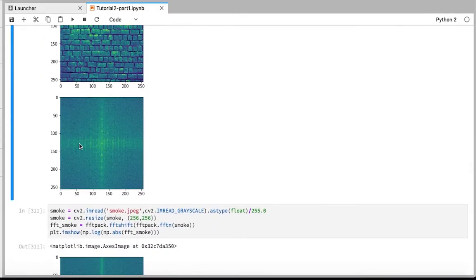It's repeating itself. Since this image has a lot of repeating patterns, what the Fourier transform thinks is that you have many repeating patterns within this image. That's why these Fourier elements get excited at several frequencies, and that's why you see this kind of pattern.